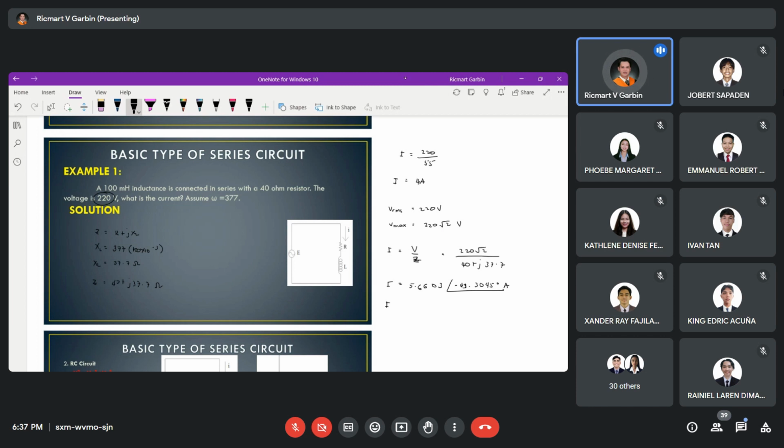Therefore, ang ating maximum value, kung ilalagay natin siya sa equation form, ang i of t natin is equal to 5.6603 sine of 377t minus 43.3045 degrees ampere. Ito dapat yung ating magiging sagot. Wherein, ang ating Imax is equal to 5.6603 amperes. Supposedly yan ang sagot.